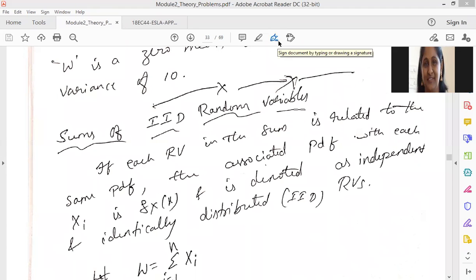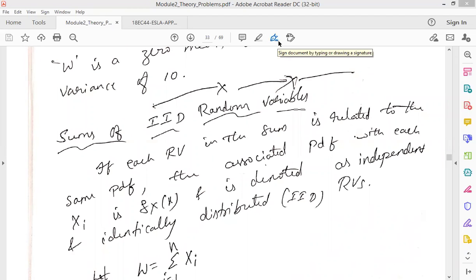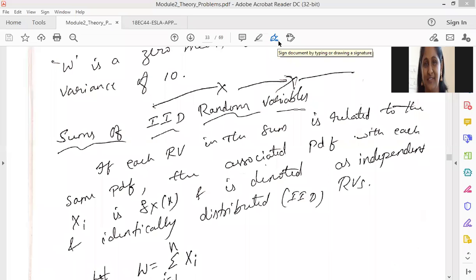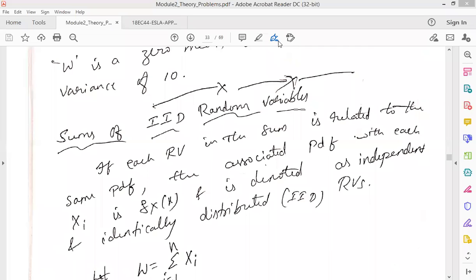Whenever you are given a problem, carefully check whether it is simply the sum of two independent random variables or the sum of independent and identically distributed random variables, and then get the solution for the given problem.